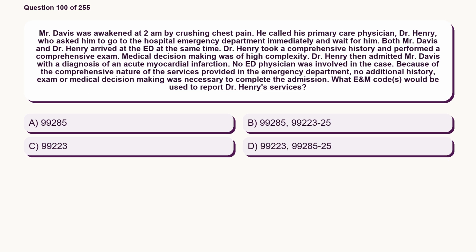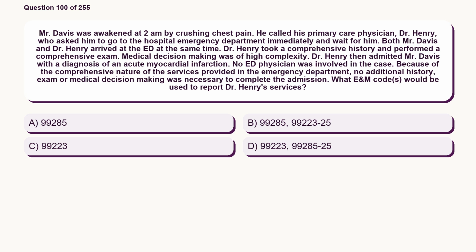Mr. Davis was awakened at 2 a.m. by crushing chest pain. He called his primary care physician, Dr. Henry, who asked him to go to the hospital emergency department immediately and wait for him. Both Mr. Davis and Dr. Henry arrived at the ED at the same time. Dr. Henry took a comprehensive history and performed a comprehensive exam. Medical decision-making was of high complexity.